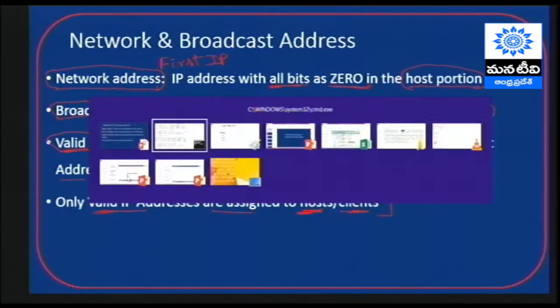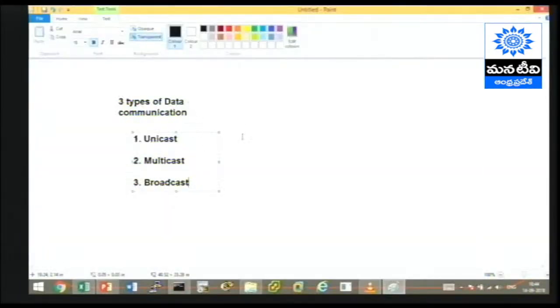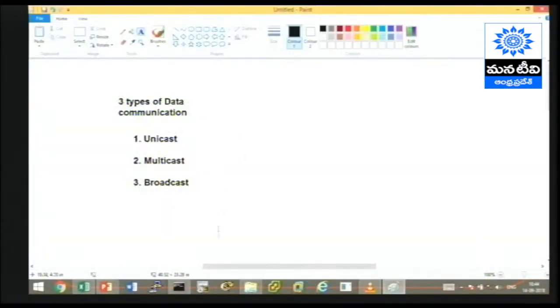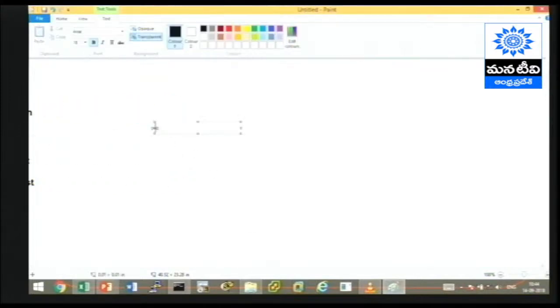The reserved IP addresses in class A are 0.0.0.0, the whole group, and 127.0.0.0. So these two addresses are reserved and cannot be used. And as such, we also discussed class D and class E. These are reserved addresses and we cannot use them.